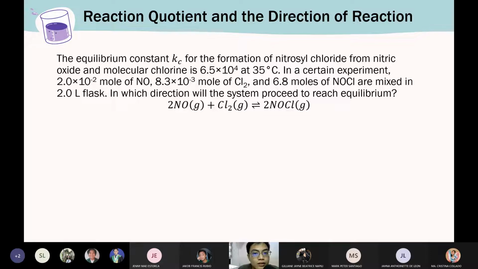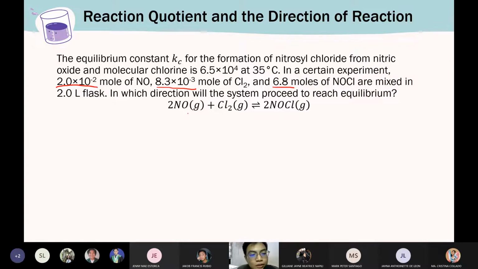Okay? So, ano sinabi? Ang dami sinabi, pero ang idea lang dyan is that binigay niya yung amount ng ating reactants and products. Okay? So, sabi niya, yung NO, ito daw yung moles niya. Yung Cl2, ito daw yung moles niya. And then, yung NOCl, ito yung moles niya. Okay? So, this is at the start of the reaction.